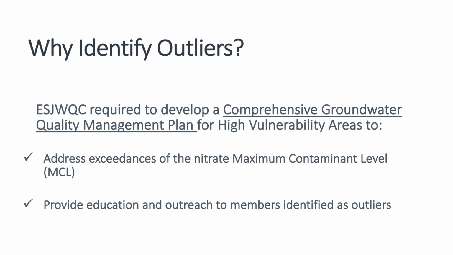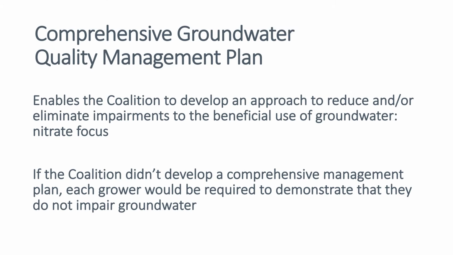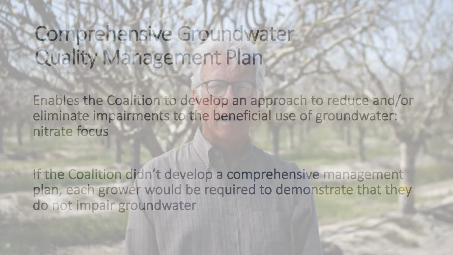So when a parcel is identified as being an outlier, then we are responsible as a coalition to provide additional outreach and education to growers with the goal of trying to minimize that excess applications to a crop. So this comprehensive groundwater quality management plan is something that enables us to develop an approach to deal with these excess applications and eliminate these potential impairments to groundwater.